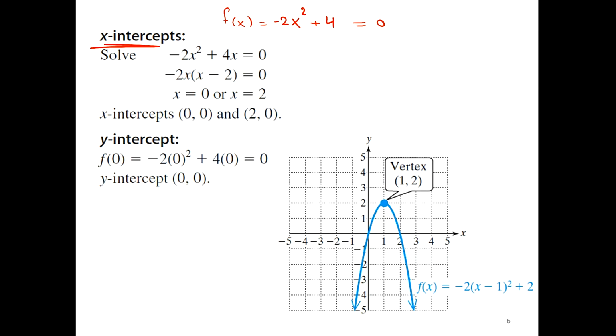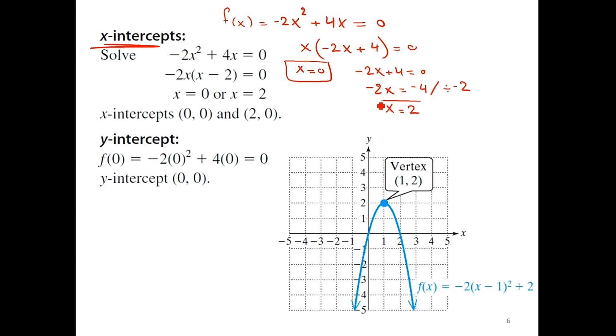We can take x as common factor, so we have x times minus 2x plus 4. So we can conclude we have x equals 0, and minus 2x plus 4 equals 0. This is the first point, and for the second point, minus 2x equals negative 4, divide by negative 2, so x equals 2. So we have 2 values of x.